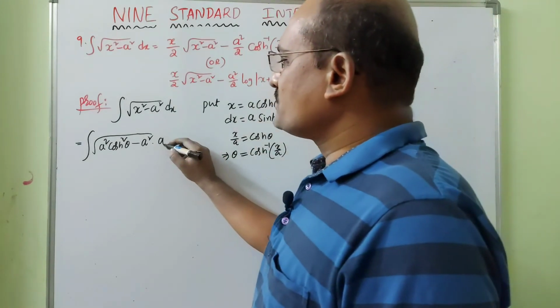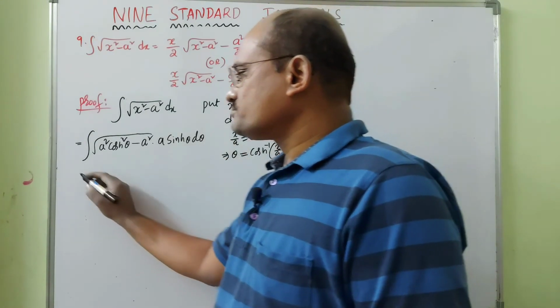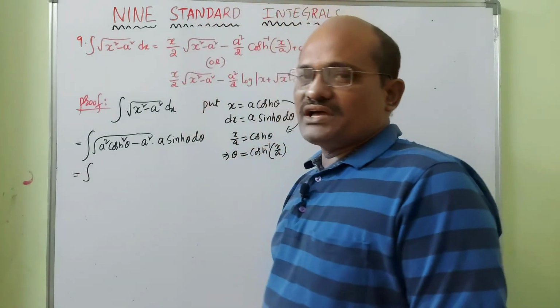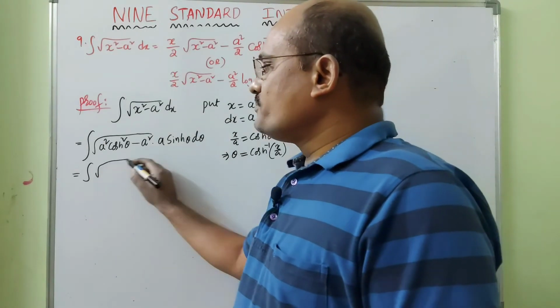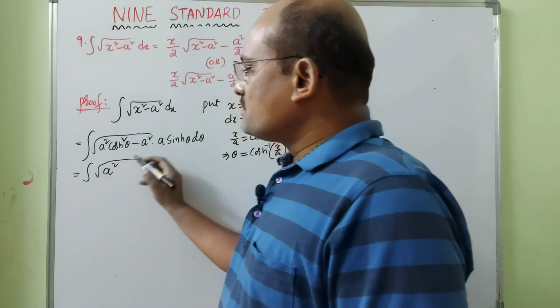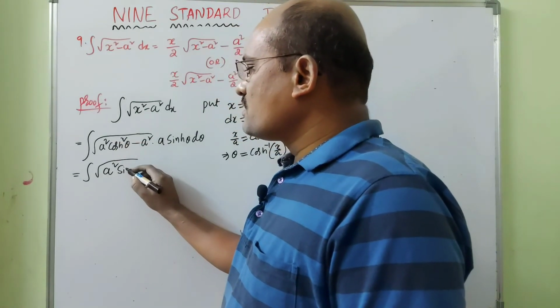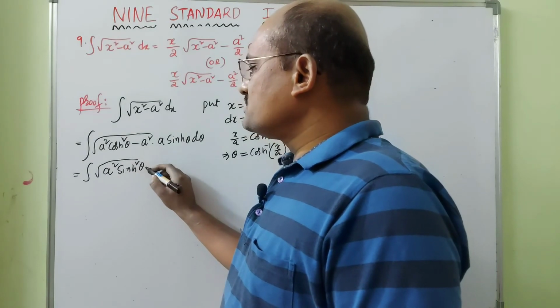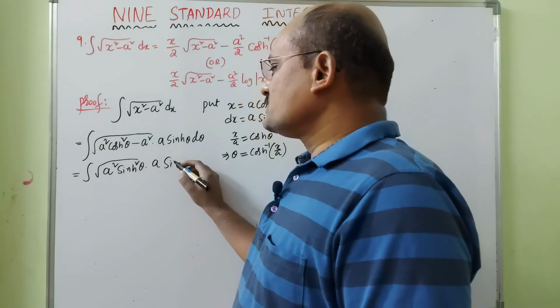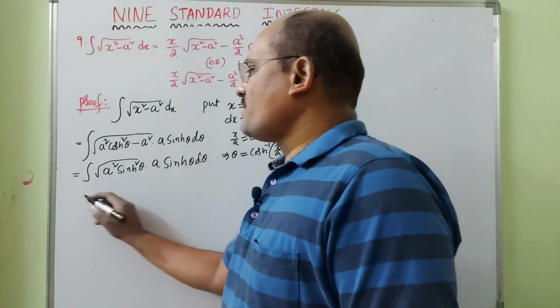dx is a sinh theta d theta. Now simplification. Here a square comes common, take a square common, cosh square theta minus 1 is sinh square theta, into a sinh theta d theta.